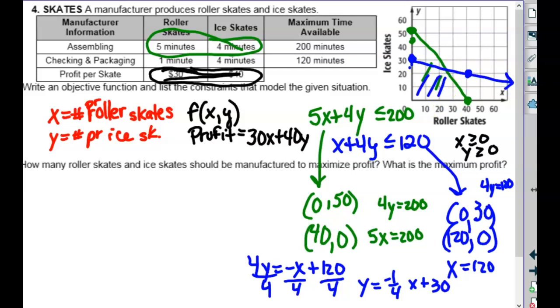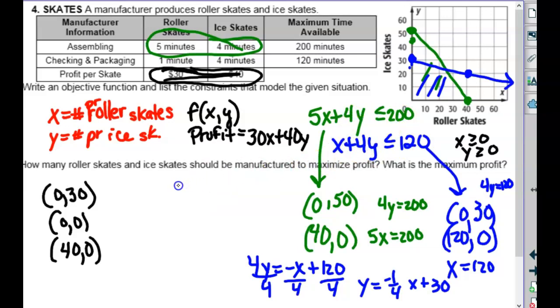Okay, corners, anybody? 0, 0. One more that's easy. 40, 0. I would do this algebraically. Can you just subtract those two equations from each other, guys, to get rid of the y's?